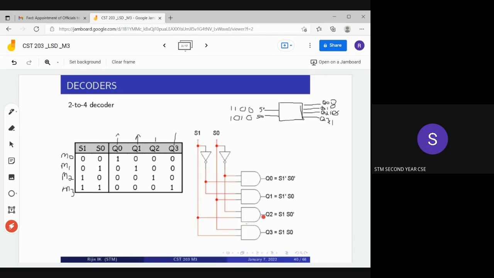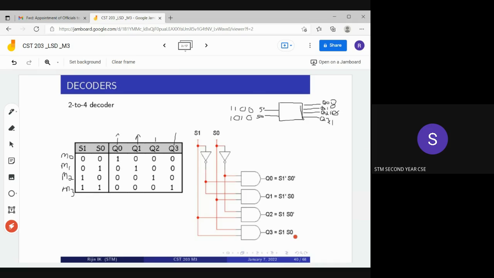So S1 S0 dash is Q2. Similarly, you can draw the logic circuit for Q3. What is Q3? Both are high, that means S1 and S0. So Q3 is equal to S1 S0. So this is a 2 to 4 decoder circuit.